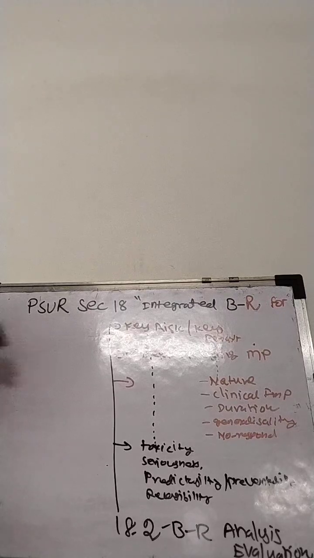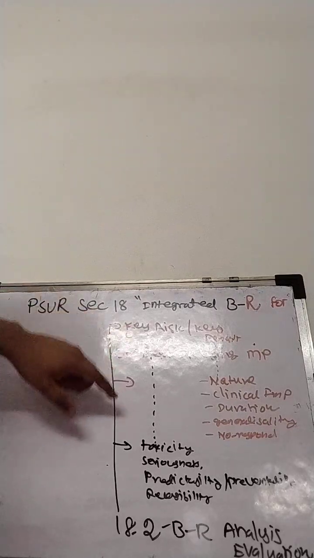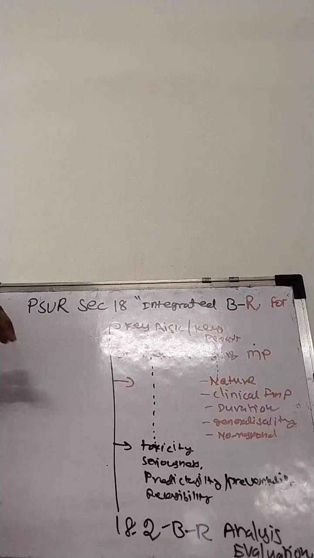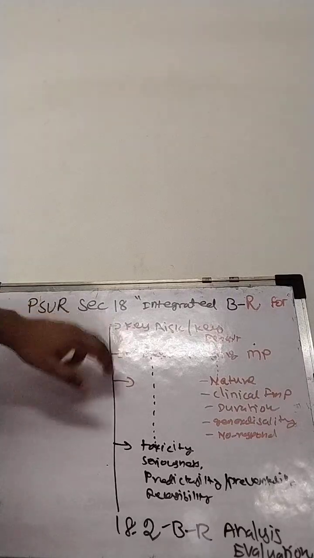Also consider whether these risks occurred in the clinical trials, or whether they occurred in unauthorized indications, for example when patients are using the product off label or misusing it, whether these key risks are happening.